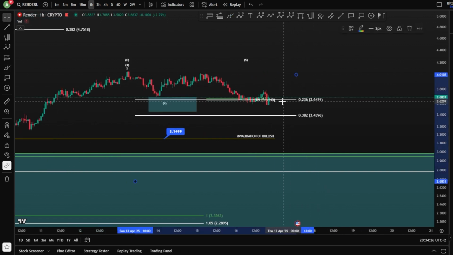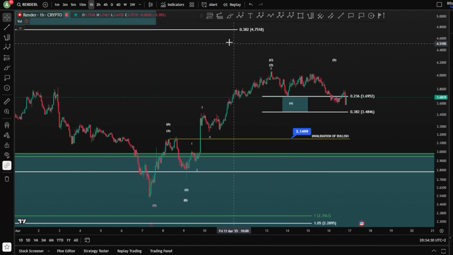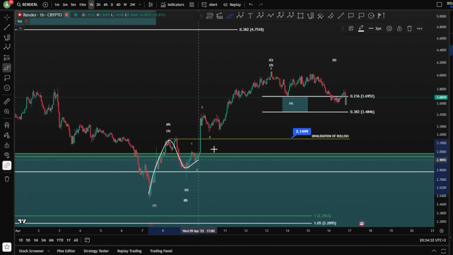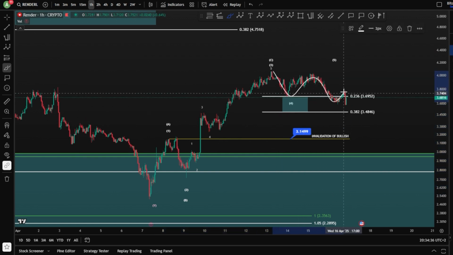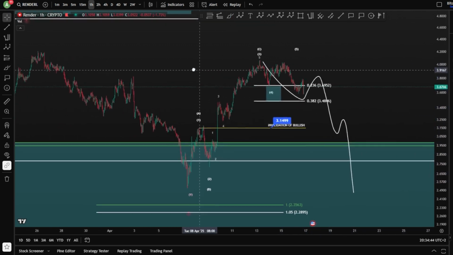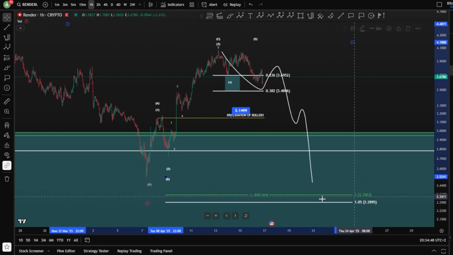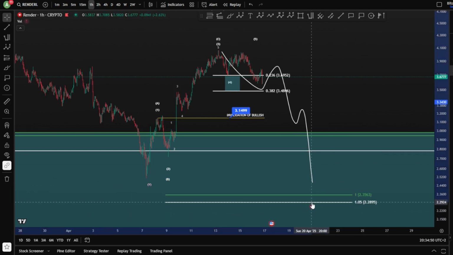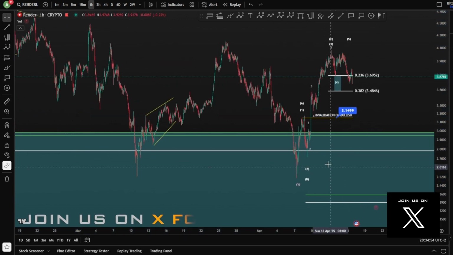Now of course this scenario is that we might have 3 waves toward the downside after having 3 waves up, 3 waves down of course, where you start already with a leading diagonal. It might be of course an A, B and a C, or it can be even another impulse toward the downside coming back to this blue zone where we would like to hit again the 1-to-1 fib level finally to finish a wave Y, which is still possible of course to be a much more complex structure.